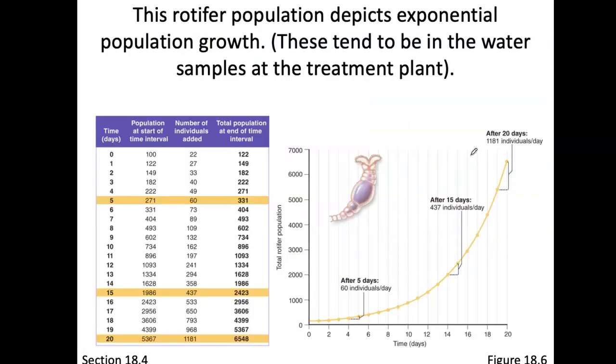Rotifers are these little organisms that live in stagnant water and polluted water. I know that at the water treatment plant, they have many of these inside the sludge, and they actually break down the matter. So it's something really great to have inside these tanks of the water treatment plant.